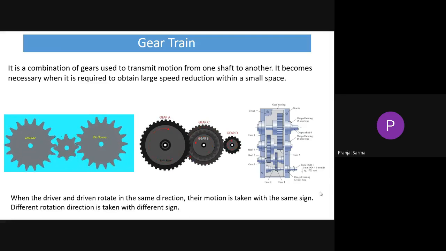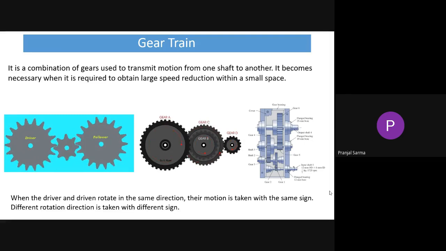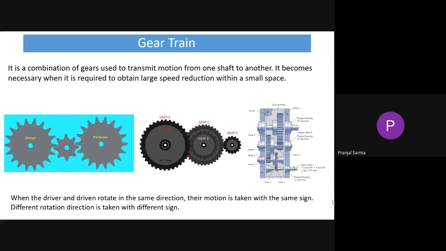So whatever the direction of motion of gear B, gear C, as it is mounted on the same shaft, will also rotate in the same direction, and with the same velocity that gear B has obtained through this meshing. It is evident because it is on the same shaft. Now gear C will become the driver for the next one.